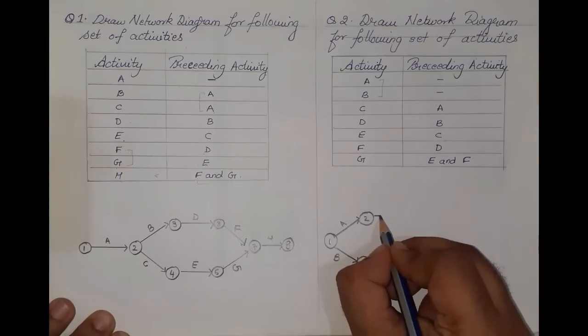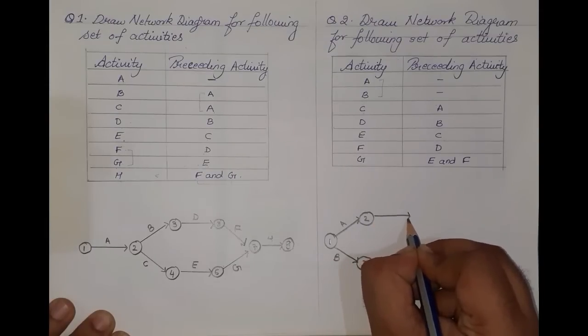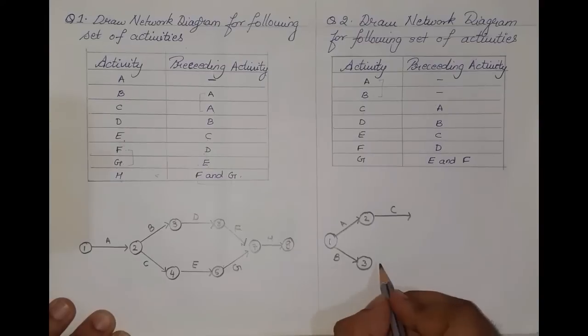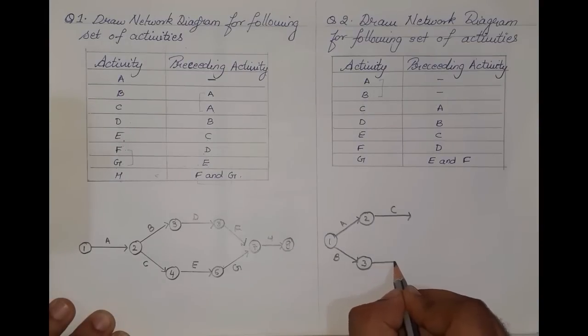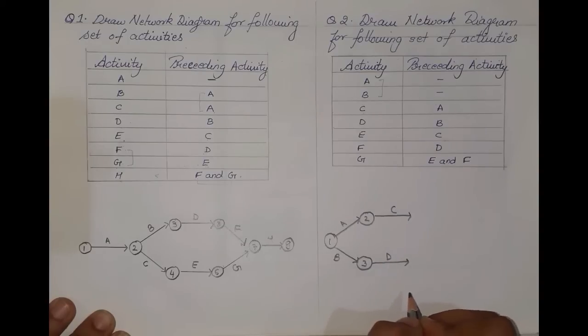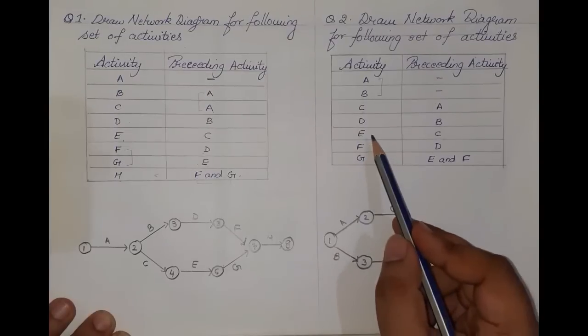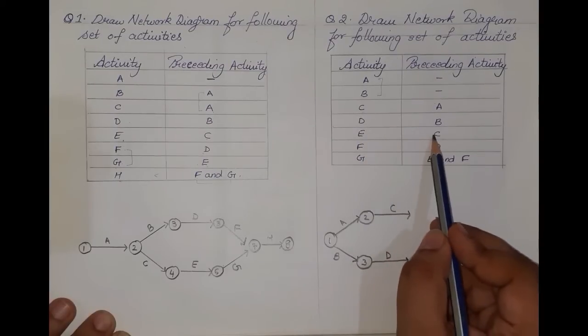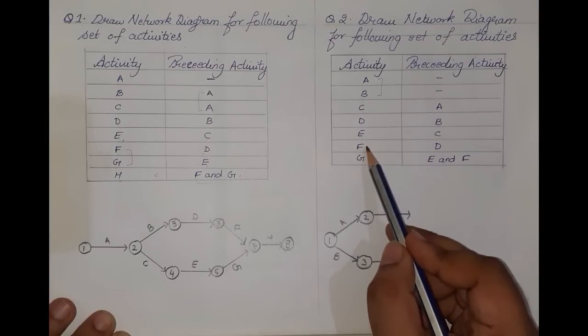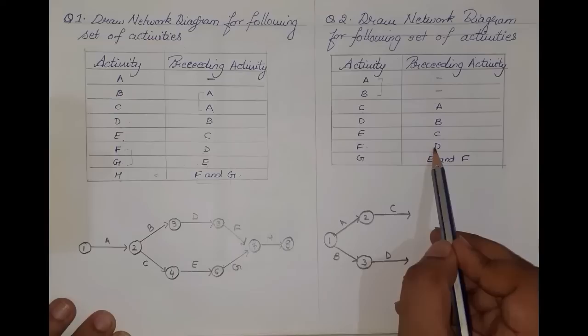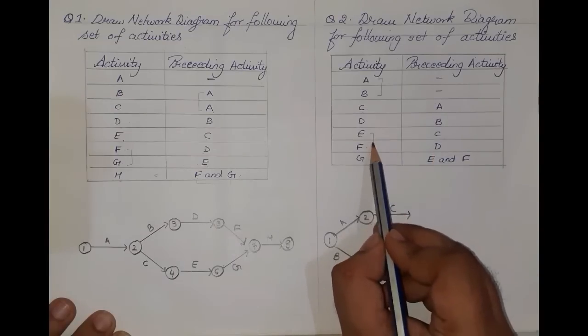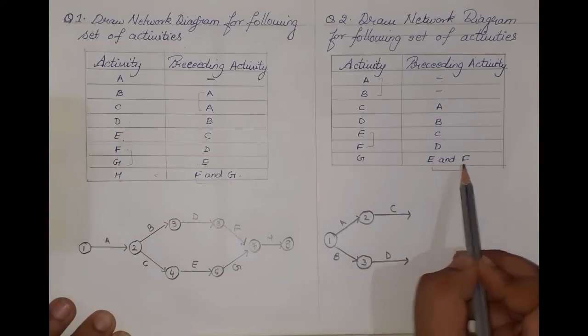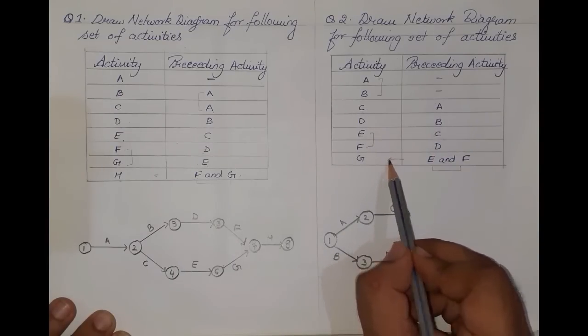From A we have activity C, and from B we have activity D. Now looking ahead, we have activity E which evolved from C, and activity F which evolved from D, and E and F are both merging to one single activity G.